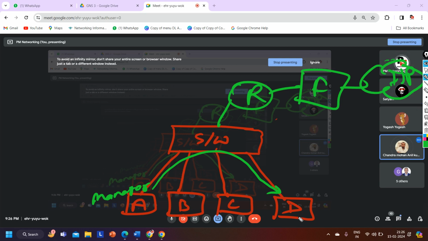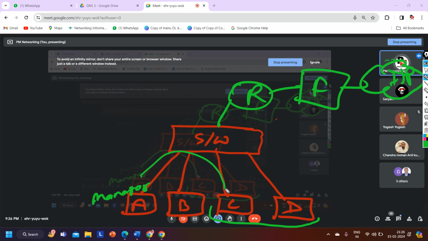Clear? Now this manager wants to send a message to person C and D that tomorrow is a holiday for you, right? So the manager has two options. Either it can send one message to C and one message to D, correct? But this time the manager is doing unicast, and has to send the message twice, yes or no?